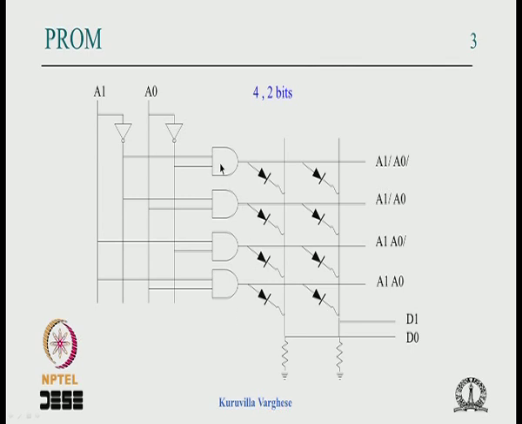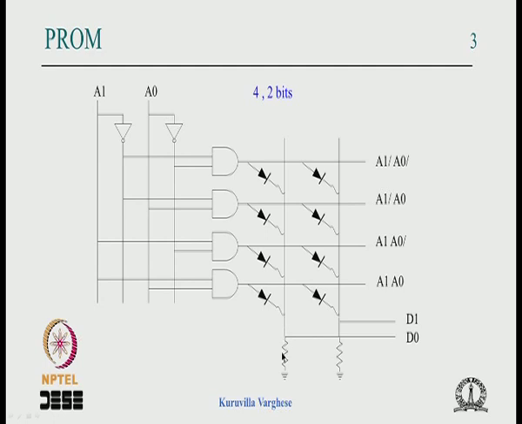Each AND gate will have n inputs, okay, because you need to choose an input or its complement. So for an n input case there will be 2n vertical lines representing n inputs and its complement, and there will be 2 raised to n AND gates representing all the min terms, and each AND gate will have n inputs selecting the appropriate min term, okay. Now you program the truth table by blowing the fuse, okay.